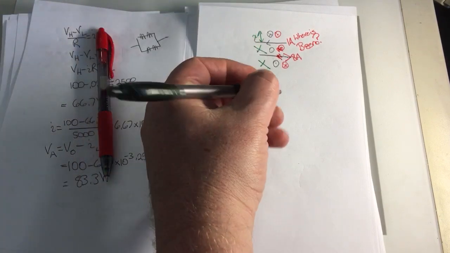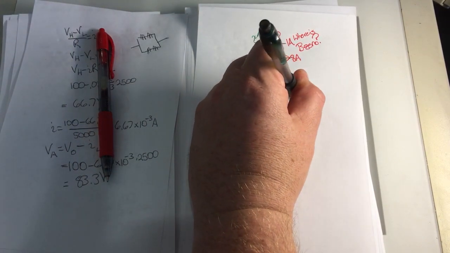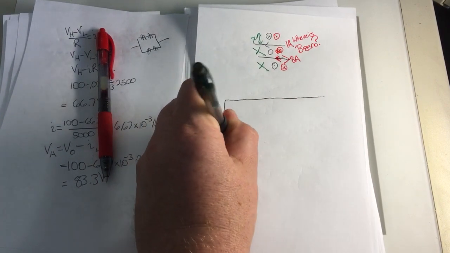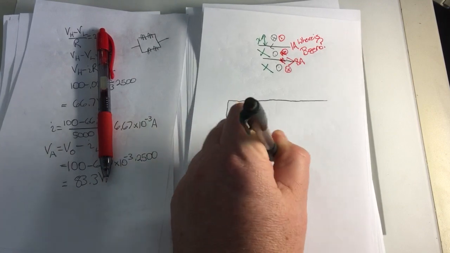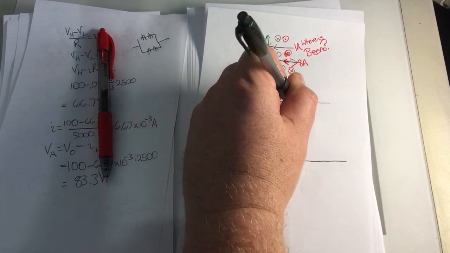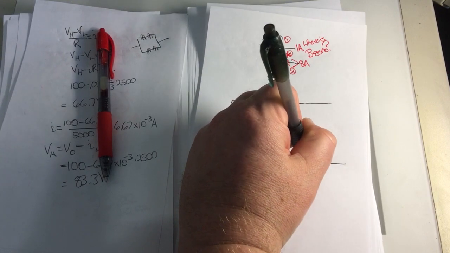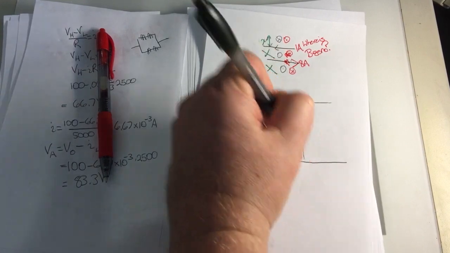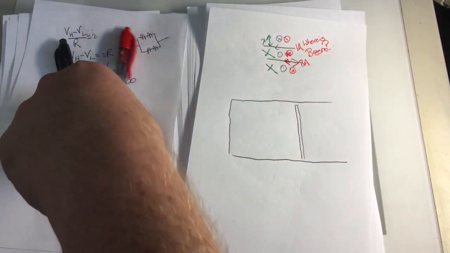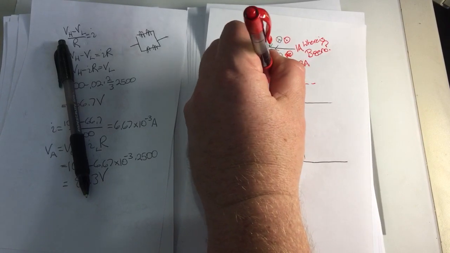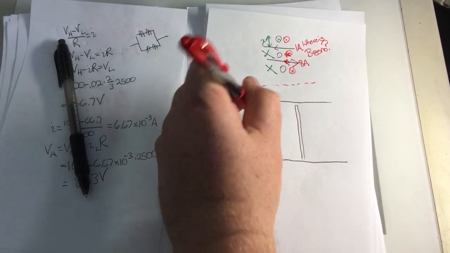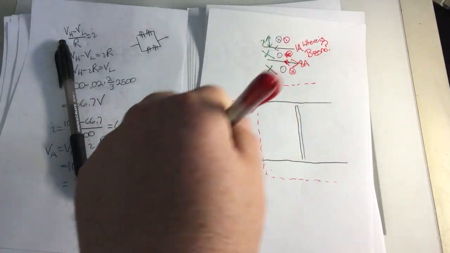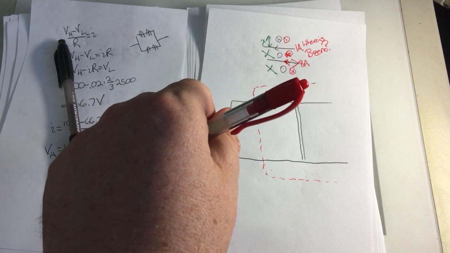So for this moving bar, the externally applied B field is in this direction, and let's make it unique. Do you want the external B field in or out?